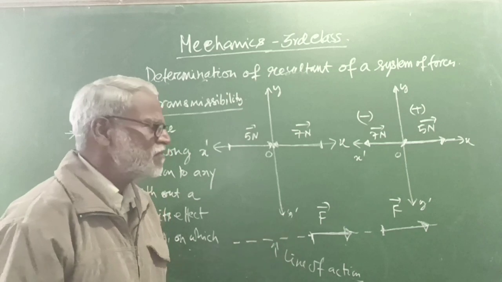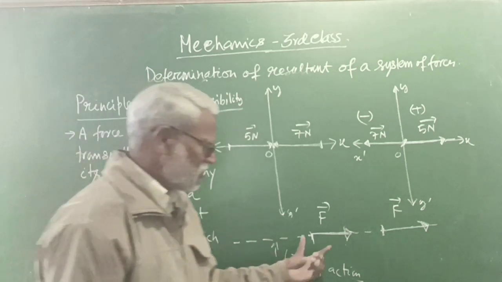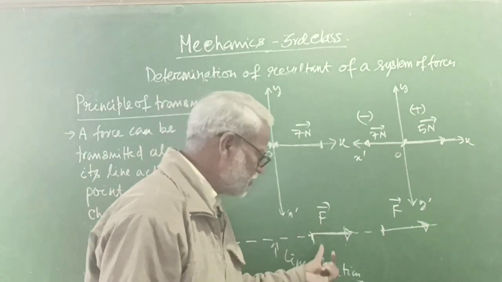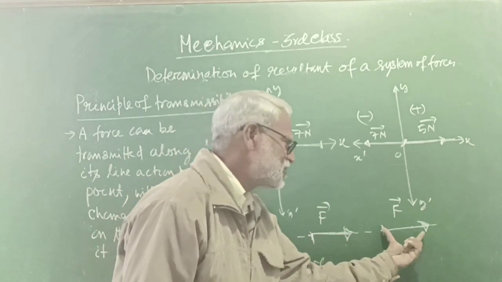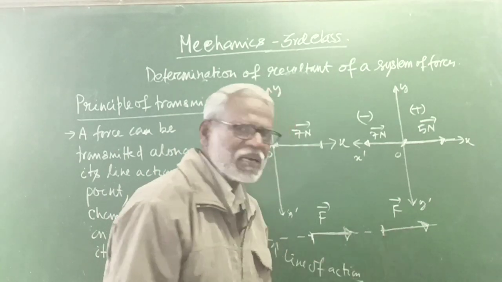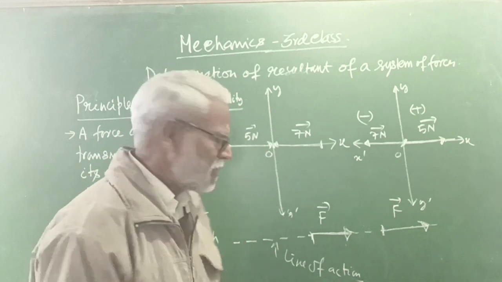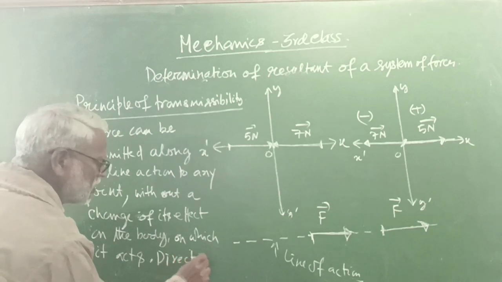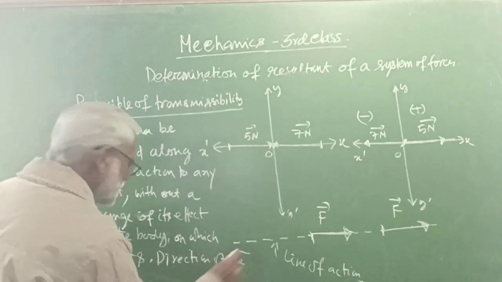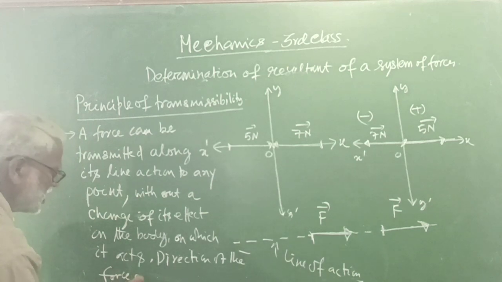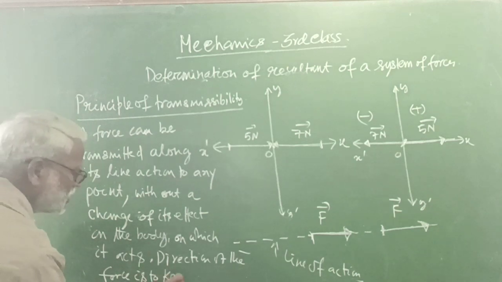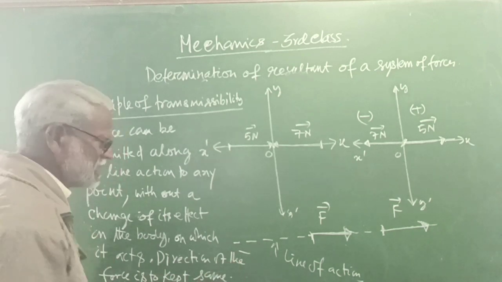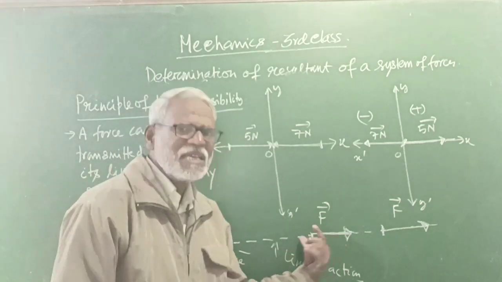So the effect the force produces on a body when it is here, it will produce the same effect when the force is transmitted to another point along the line of action, keeping its direction same. We don't have to change the direction of the force. If you change the direction of the force, the effect will change.